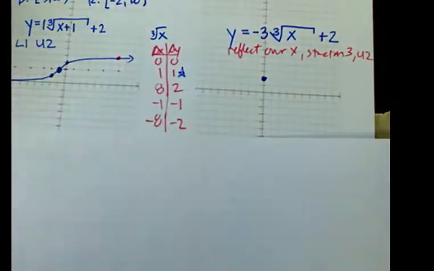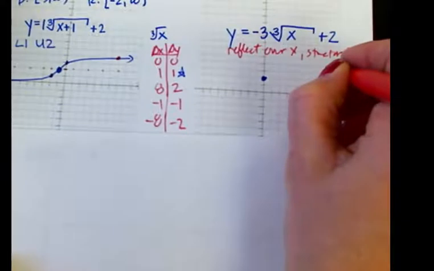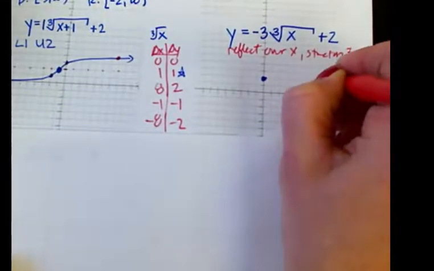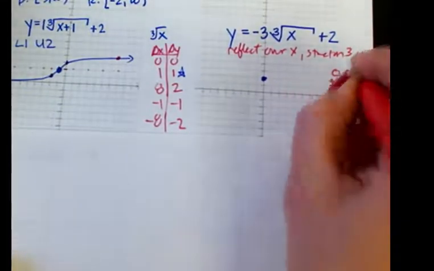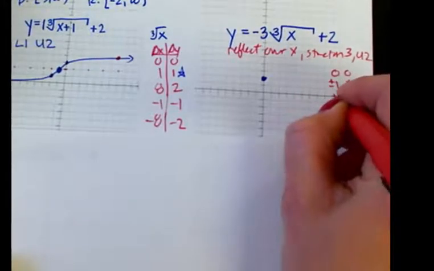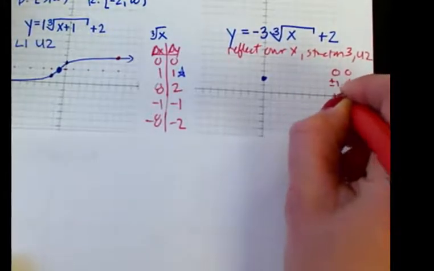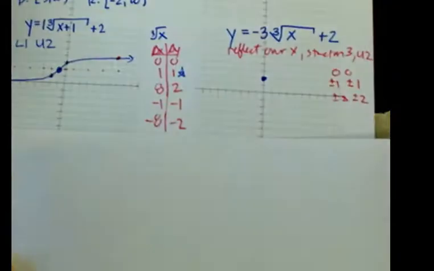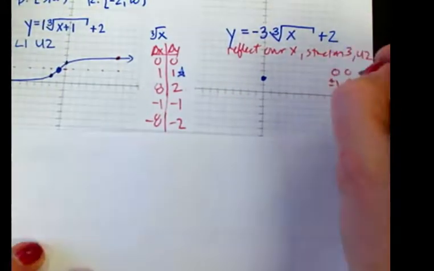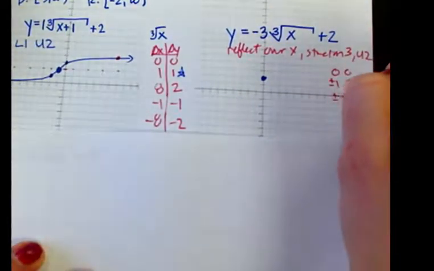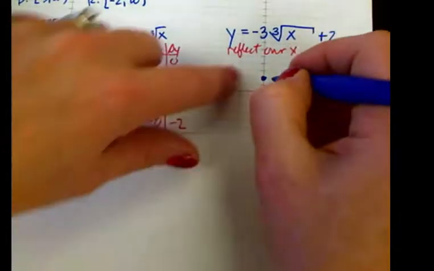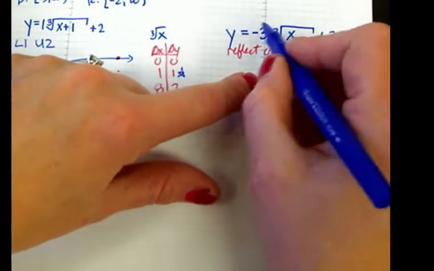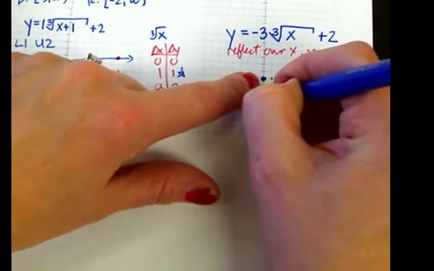Now, I'll jot my table down. Okay, 0, 0, plus or minus 1, plus or minus 1, plus or minus 2, plus or minus 8, 2. Okay, and times 3. 3, 3. Okay, over 1. Instead of going up, it's got to go down.